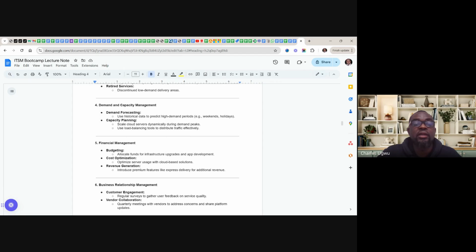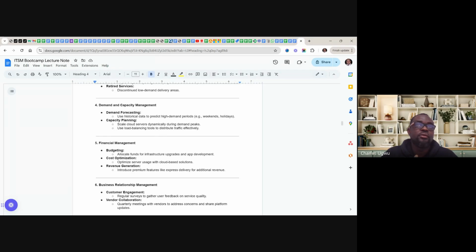If we don't make enough budget for upgrading, you will be competed out of the market. Cost optimization: optimize server usage with cloud-based solutions. Revenue generation: introduce premium features like express delivery for additional revenue.